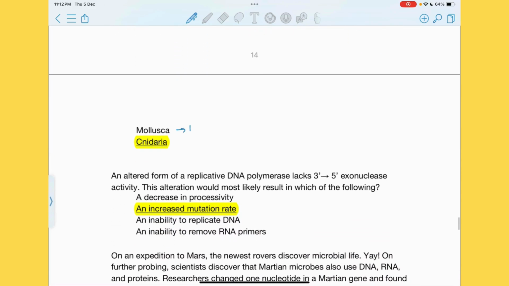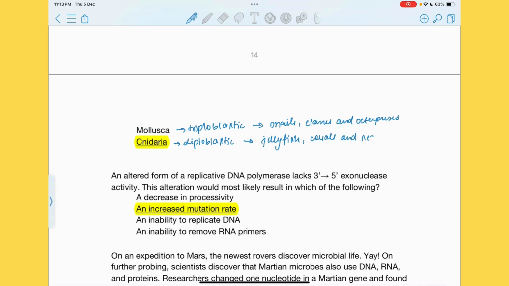Molluscas are triploblastic. Examples are snails, clams, and octopuses. Cnidaria is diploblastic. And the examples are jellyfish, corals, and sea anemones.